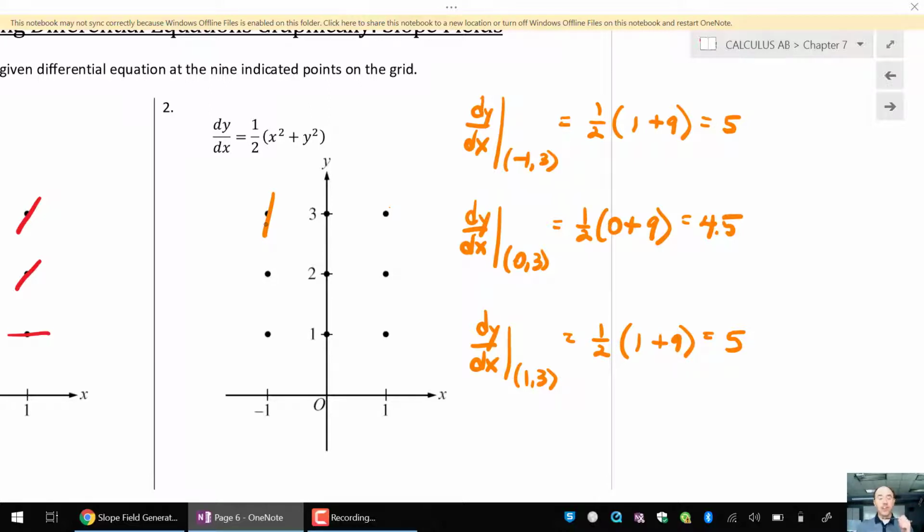The horizontals should be pretty accurate whenever your derivative values are 0, and then positive slants versus negative slants should also be noted. 0, 3, I have a slope of 4.5, and then 1, 1, I'm back up actually to a slope of positive 5, so pretty steep slope right there. I'll fill out the rest for you here. You can check those on your own.